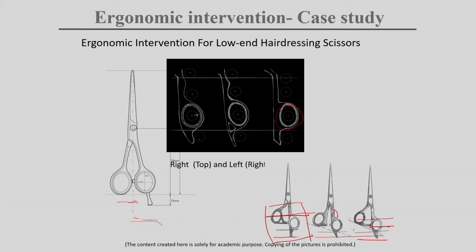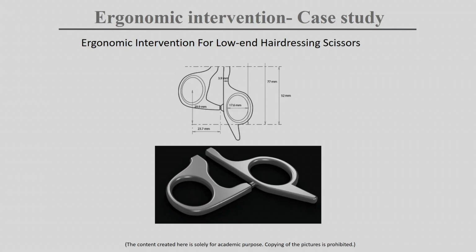With these changes, when we modify this angle, we also change the angle at which the person holds it. From there it has come like this. So this is how they hold the scissor, how you can correct the posture, and how you can implement biomechanical issues in your product design.